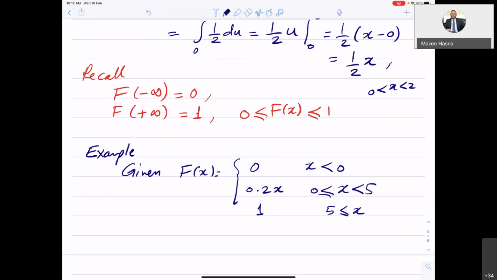If I ask you, find the probability that x is less than or equal to 2.8?